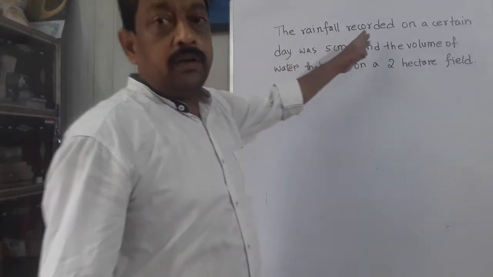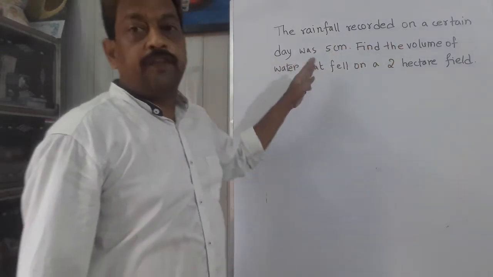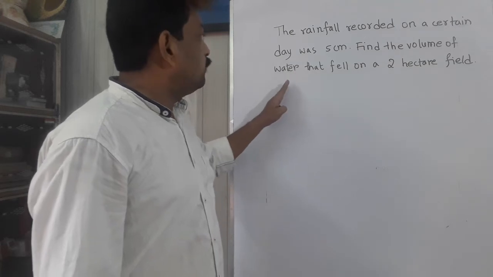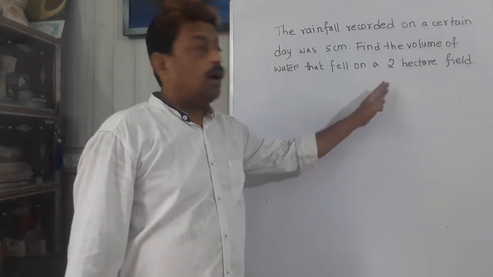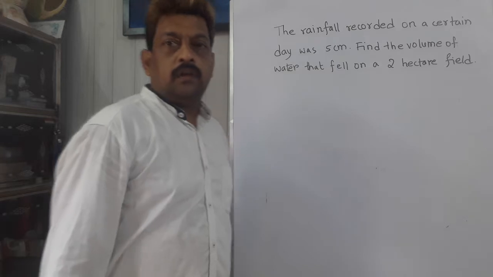The rainfall recorded on a certain day was 5 centimeter. Find the volume of water that fell on a 2 hectare field.